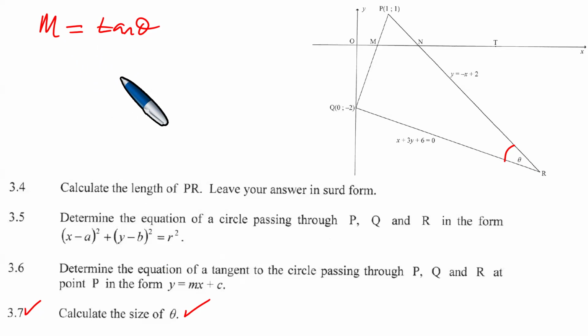So we use this formula to find the size of the angle theta. We shall note that this up here is the point P with coordinates (1, 1).